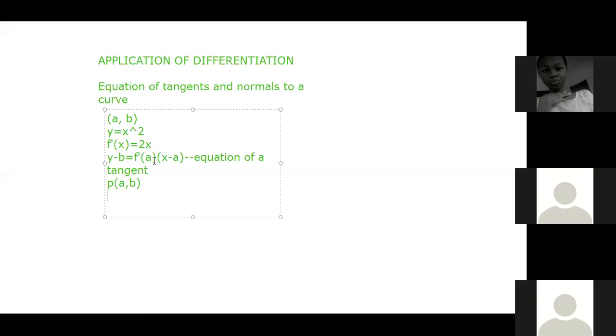So therefore, the gradient of the normal to the curve y is equal to f of x at the point AB is given by minus 1 all over f prime of a.